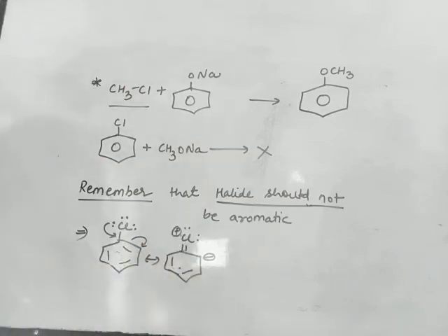This we have learnt in the haloalkanes and haloarenes chapter. And substitution is difficult because aromatic halides do not give substitution easily, whether it is SN1 or SN2. So for preparing any ether containing a secondary or tertiary group, your halide should not be secondary or tertiary. And for preparing aromatic ethers, your halide should not be aromatic. Aromatic sodium salts we can take.